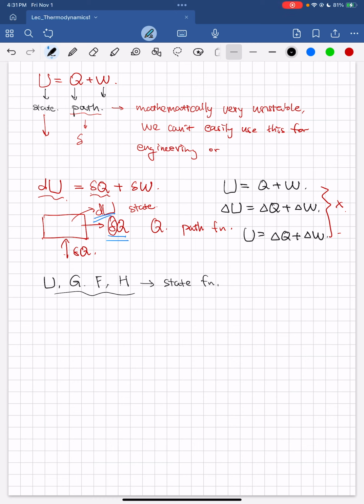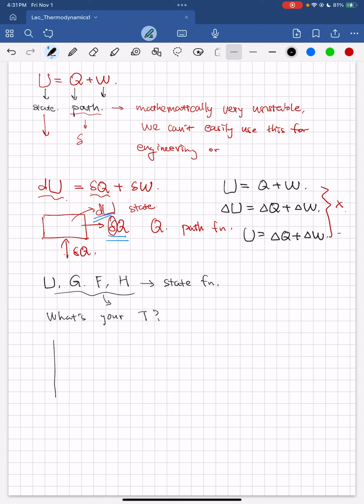You can easily think about it like, what's your temperature, right? You can ask this kind of question for a state function. Same thing applies for this kind of energy. What's the energy of the system? What's the energy that the system is currently having, right?